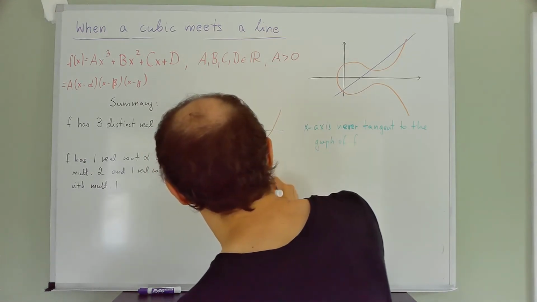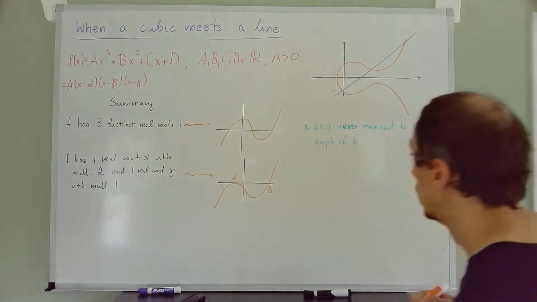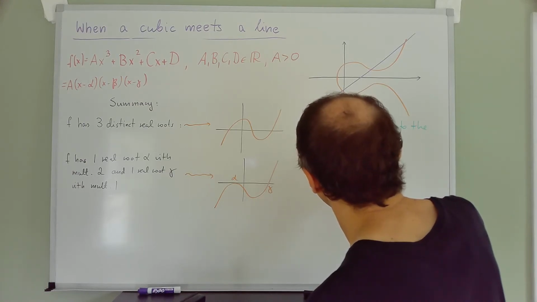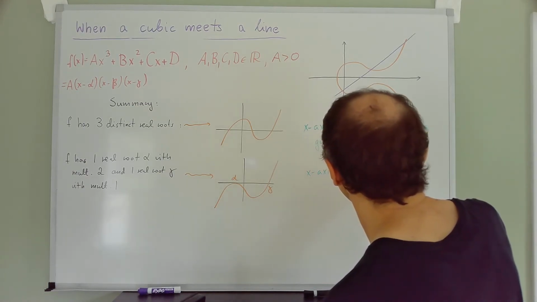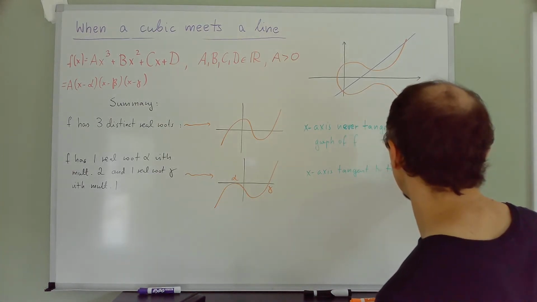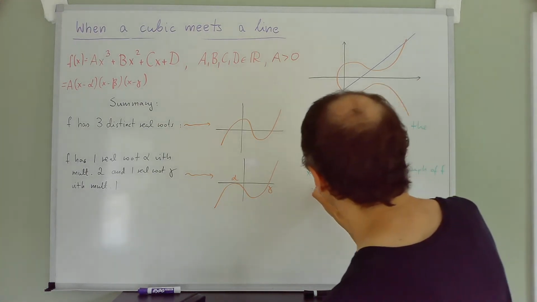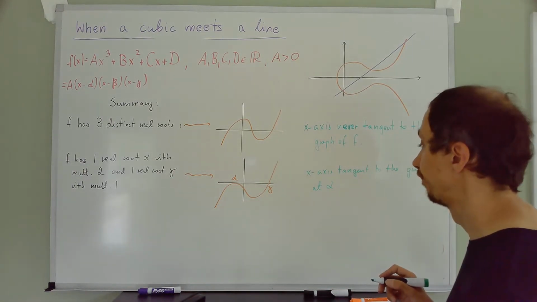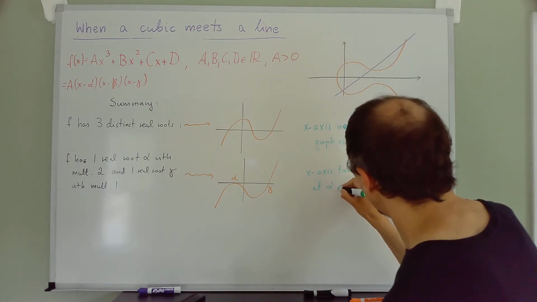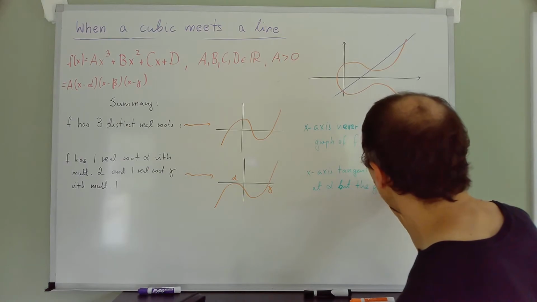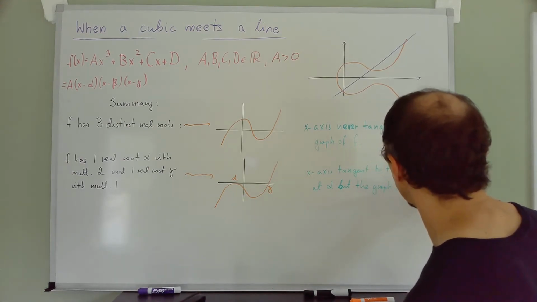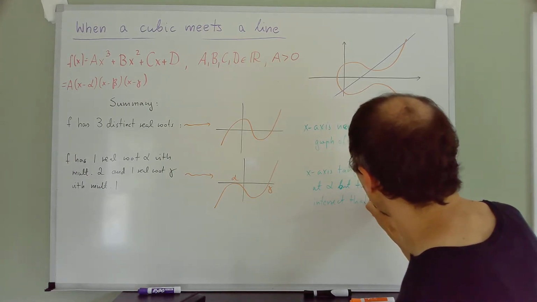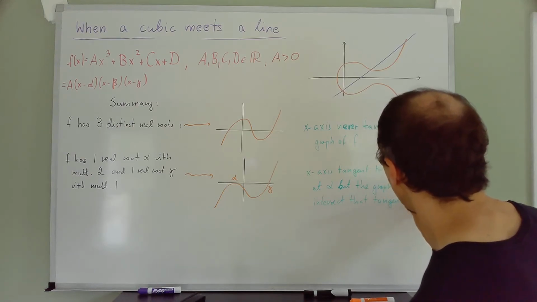This is the alpha, and this is gamma. So the x-axis is tangent to the graph of f at alpha, but the graph does not intersect the tangent at alpha.